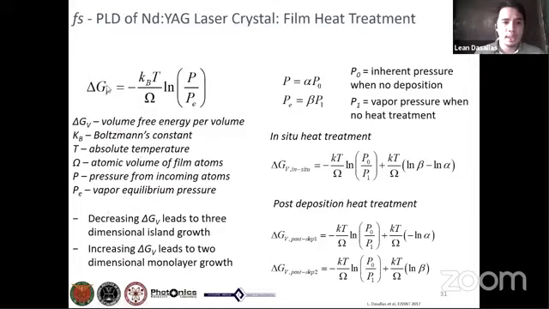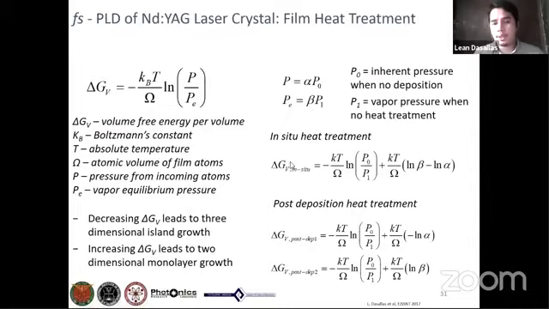Essentially, when this volume free energy decreases, the three-dimensional island growth is preferred. And when we increase this volume free energy, the two-dimensional monolayer growth will dominate. Now, to compare the two heat treatments, we parameterize the pressure as a function of alpha and beta.